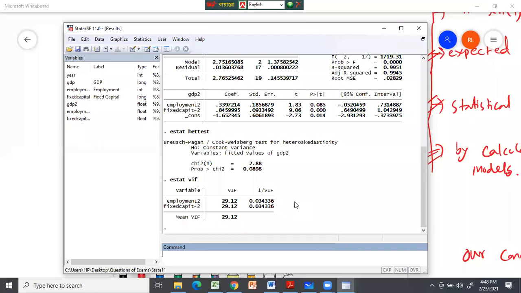If the mean value of the variance inflation factor is found above 5, then the model suffers from the multicollinearity problem. Multicollinearity means correlation among the explanatory variables. Here there are two explanatory variables, employment and fixed capital. So there is a correlation between these two variables, and it's a high correlation. That's why the VIF value is very high, 29.12.